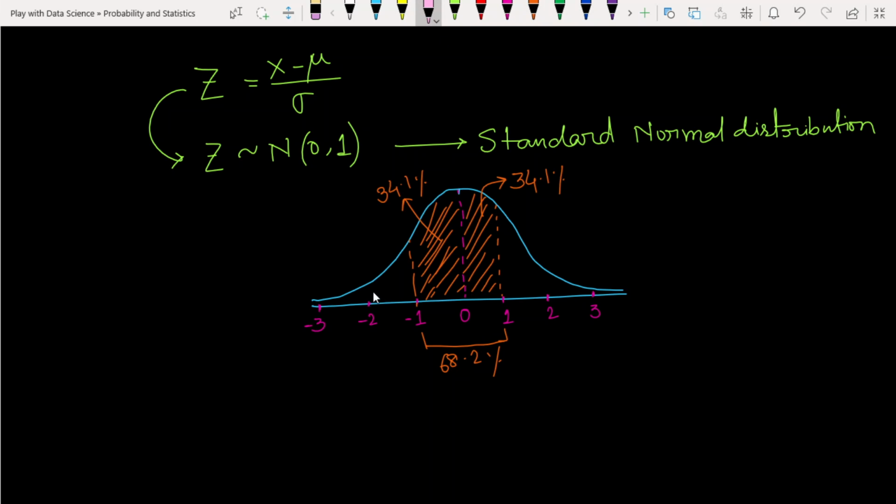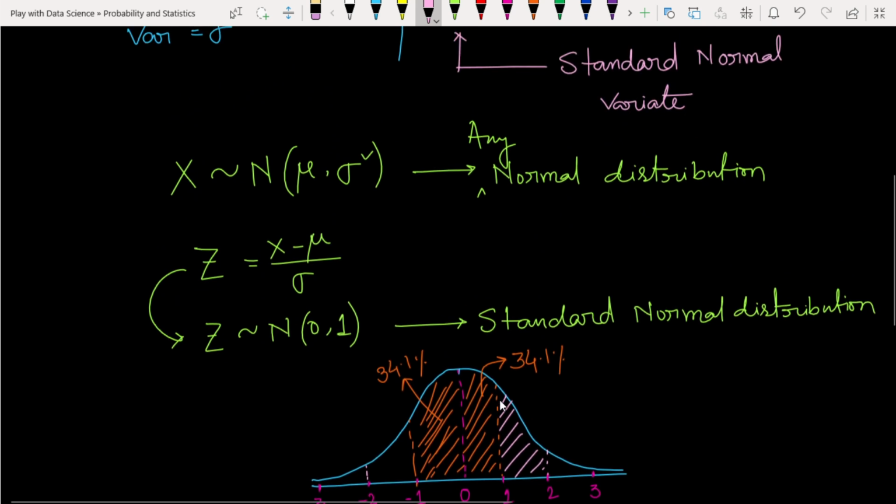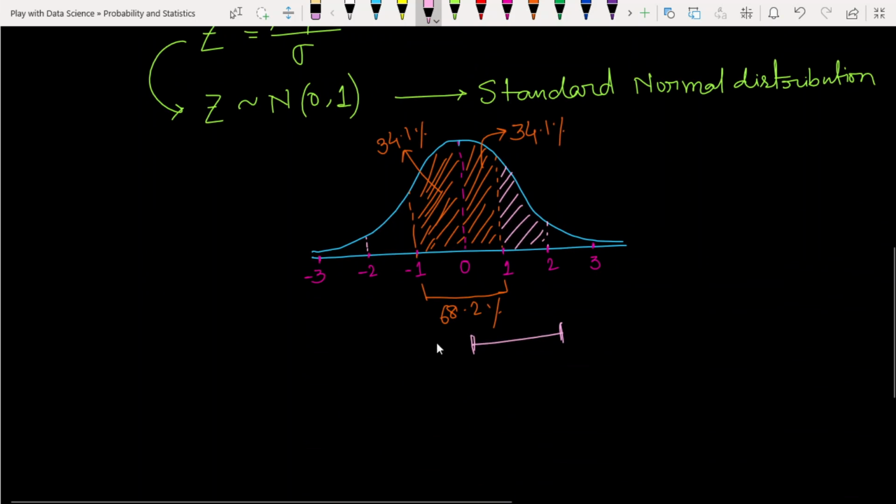Similarly, we can conclude using this formula that on the range of 0 to 2, the second standard deviation, in total on this range we have 95.4% of the data.